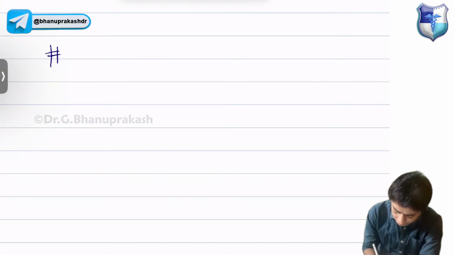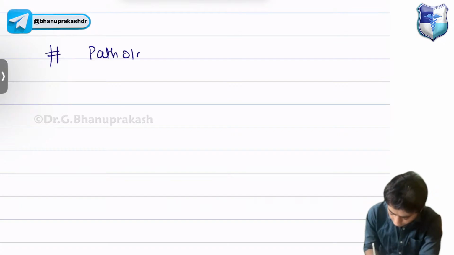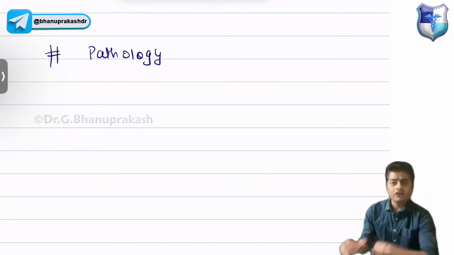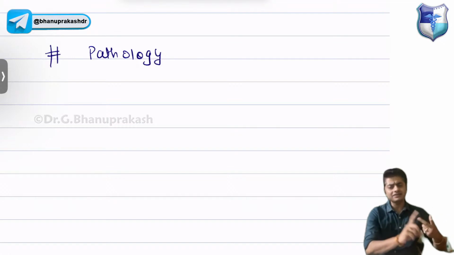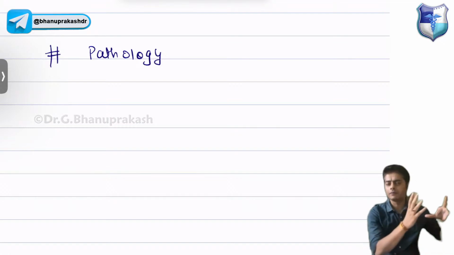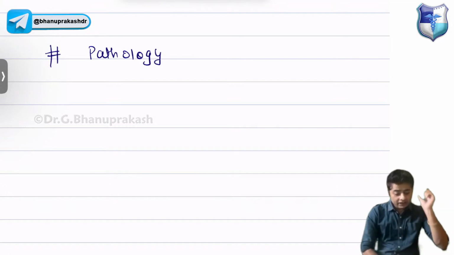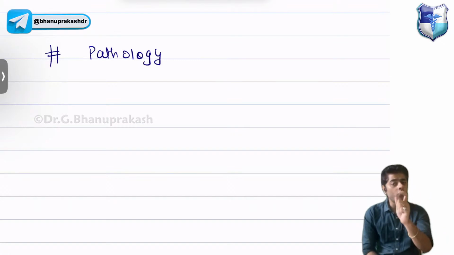When it comes to pathology, we have studied the pathogenesis, that is the NF tangles and the amyloid plaque. We all know which part is most affected.